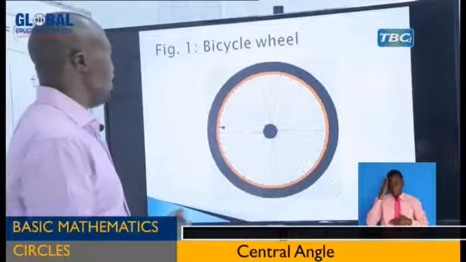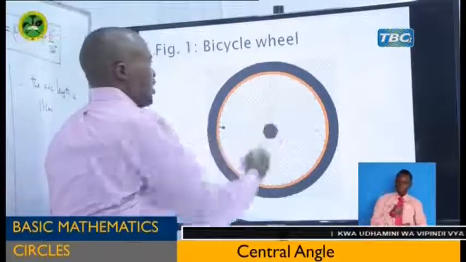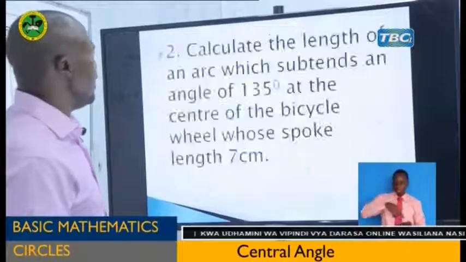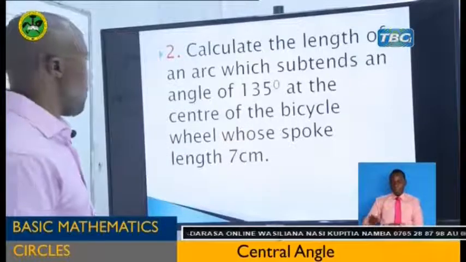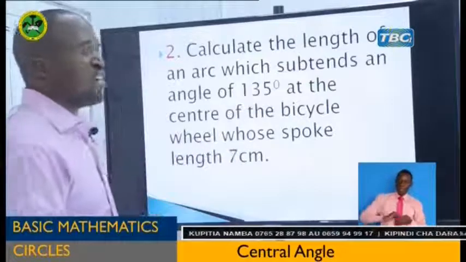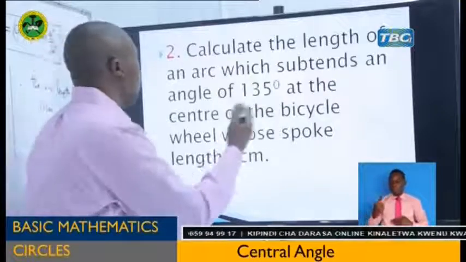That is the spoke length, from the center to a point on the circumference of the wheel, given as 7 centimeters. And also there is a central angle, that is 135 degrees. We're supposed to find the length of an arc.